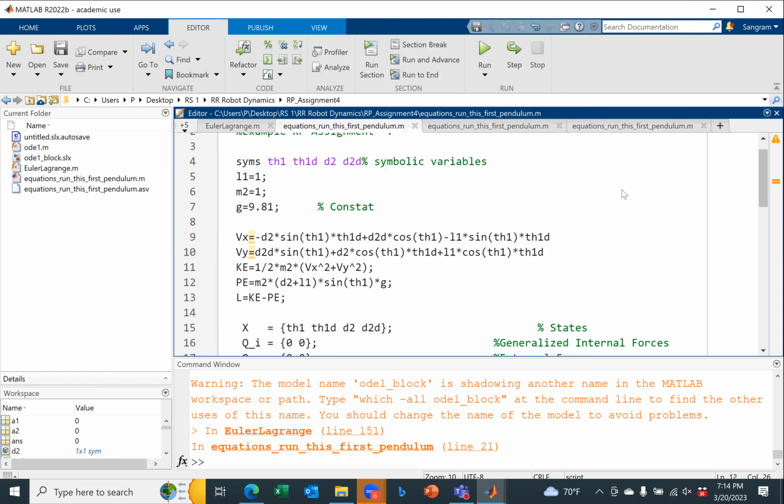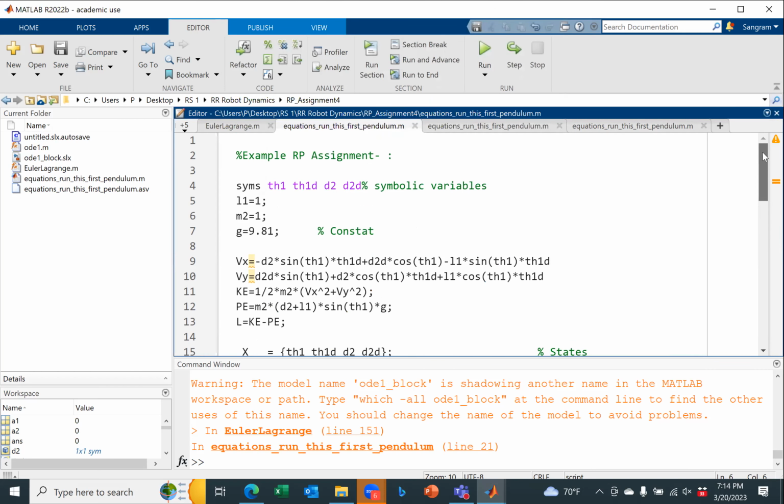But if you want, here is the code. For my own satisfaction, I will explain this code once again. There is theta1, theta1 dot, d2, d2 dot, length is L1, mass M2 is 1, and gravitational acceleration is 9.81. Please understand, everything else is massless. The end effector mass is significantly larger than the mass of the links and the attachment.